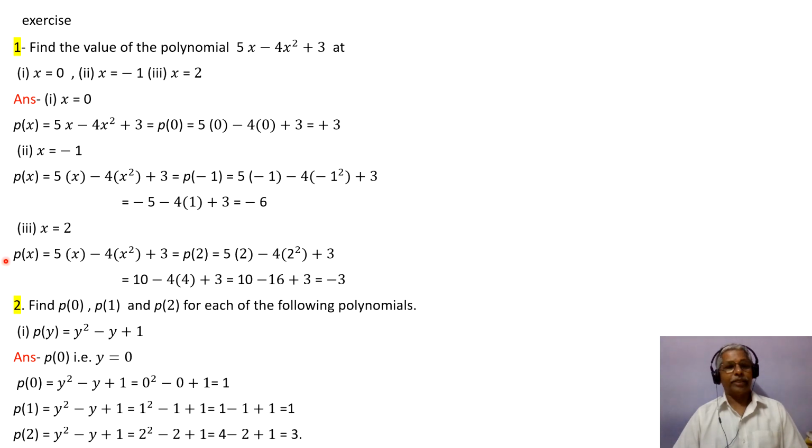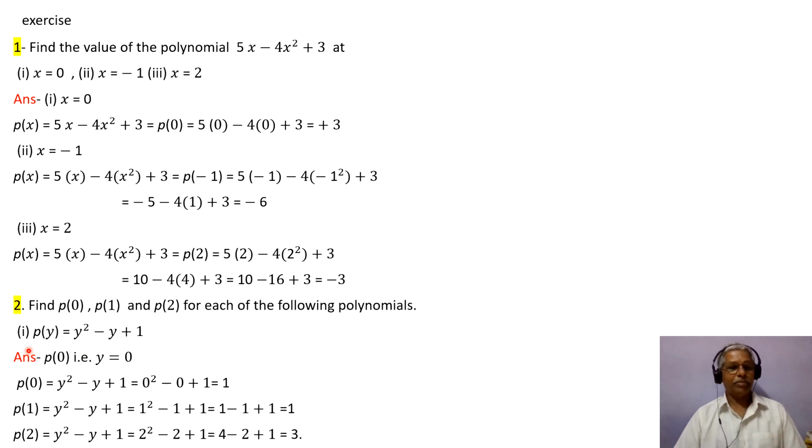So 3 here is the same. Now p(2) is 5 into 2 minus 4 into 2 square plus 3. So this is 10 minus 4 into 4 and plus 3, that is 10 minus 16 plus 3, which is minus 3. Very simple.